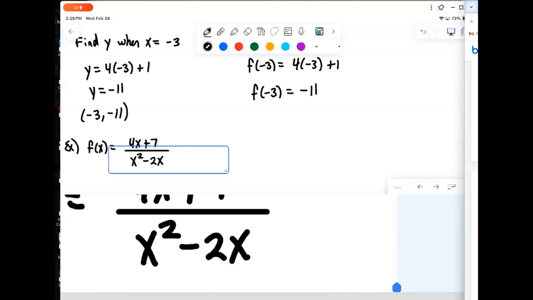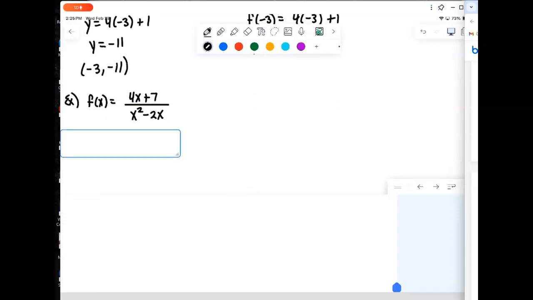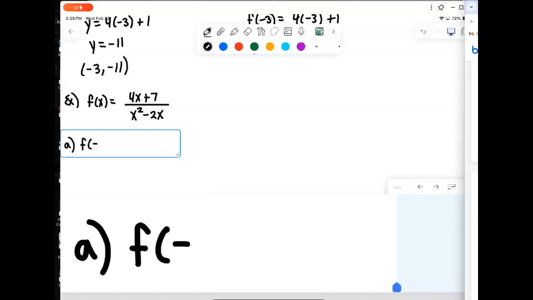So let's say here that we want to find f of negative 5. We want to compute f of negative 5.